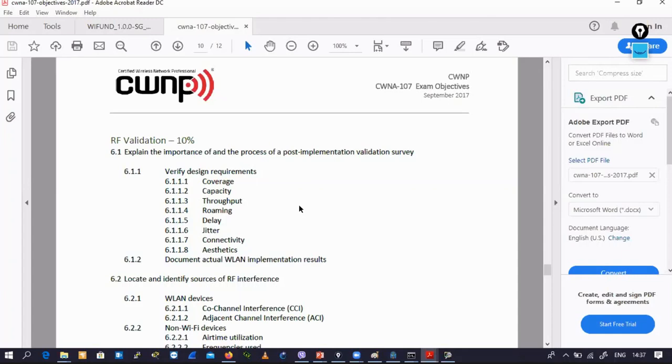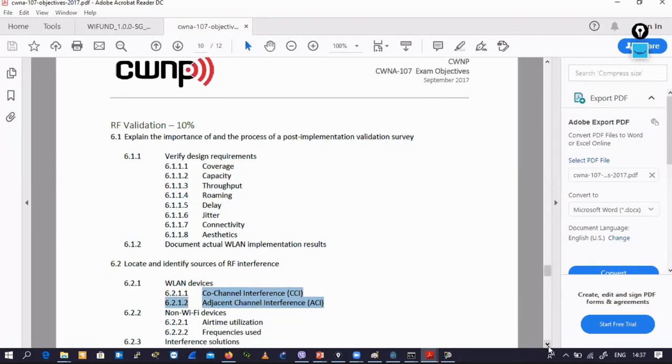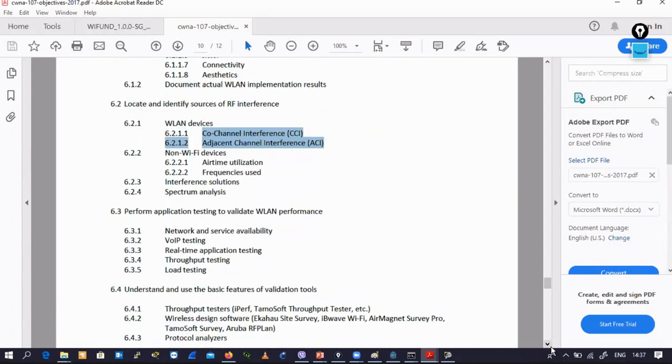So we have so many types of roaming in a wireless environment, and you will definitely learn all of them in CWNA. I already told you, guys, we have two types of interference. I'm highlighting here ACI, which is adjacent channel interference, and co-channel interference, and definitely you will learn a lot in CWNA.